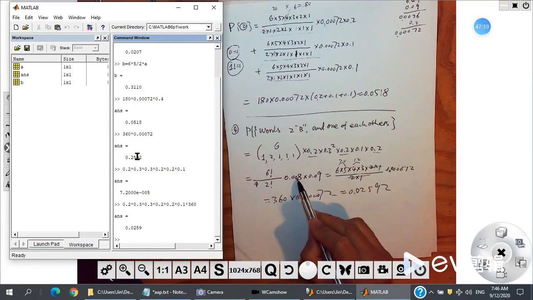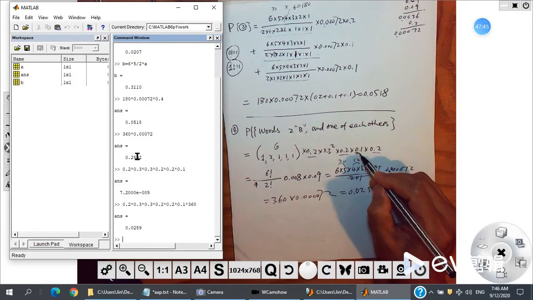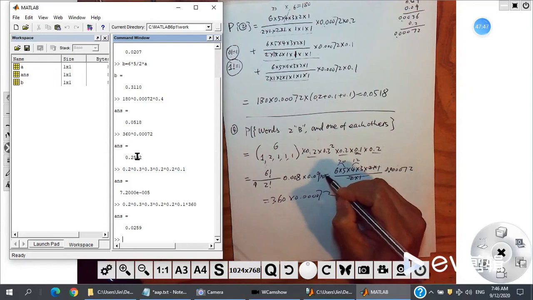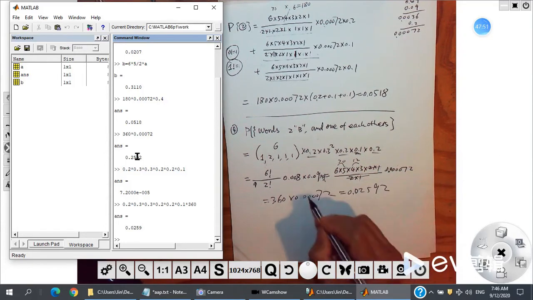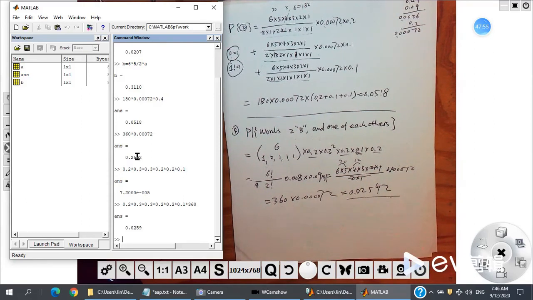Oh, here's a 0.1. I missed this. Yeah, times 0.1. Okay. So here's one more zero after the point. Okay. So it is 2%. So 2.5%. 2.5%. All right. Okay. That's all for today.